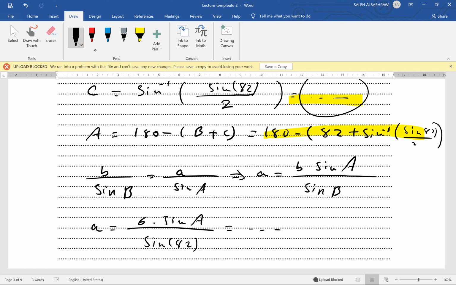And this can be done using the calculator just to find the exact value for small a and capital A. So this is the idea how to apply the law of sines to find the missing information for the given triangle, either the sides or the angles.